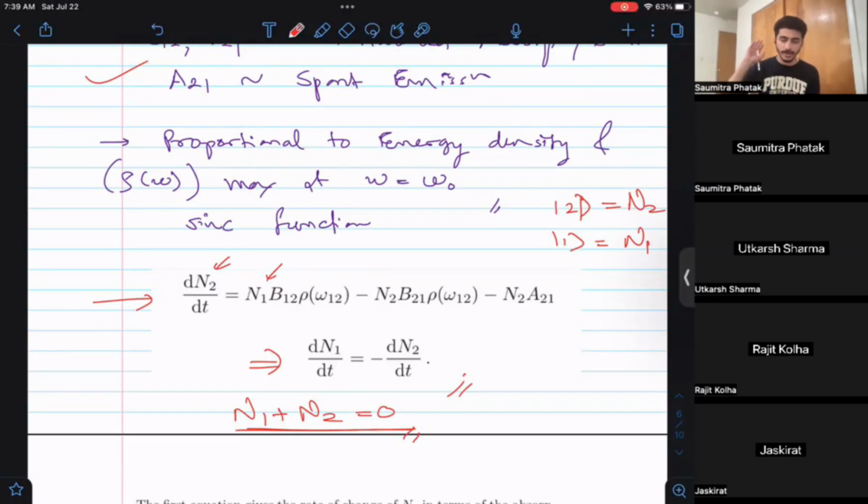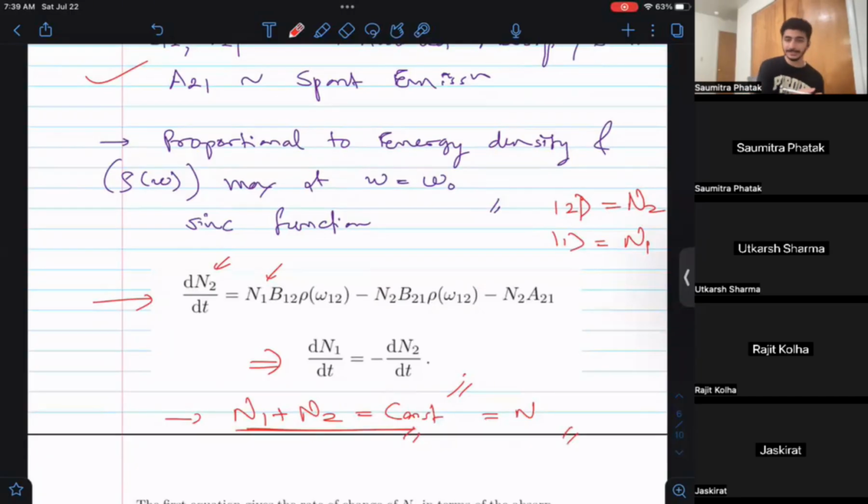Sorry, this is not zero, this is constant, let's say n. So the total population of the system, if you add up the population in the first energy state and the second energy state, has to be the same number throughout the process. So this second expression makes sense to us, right?